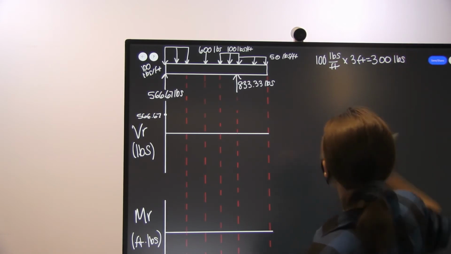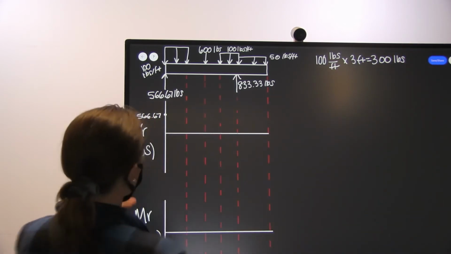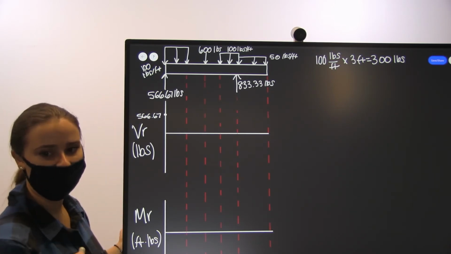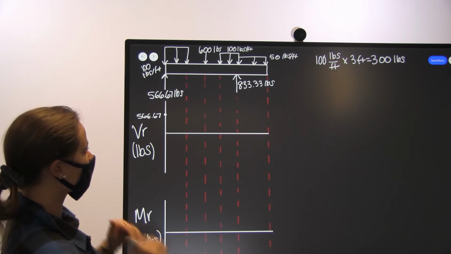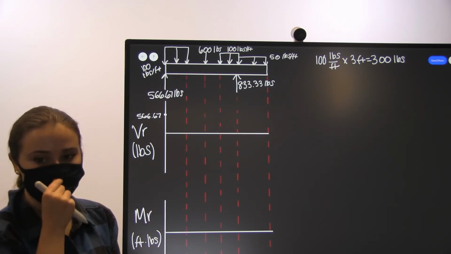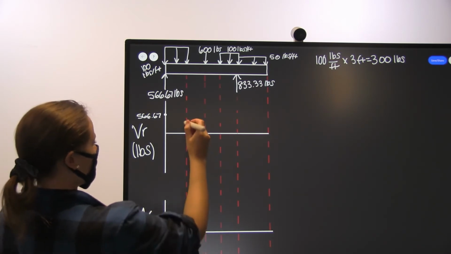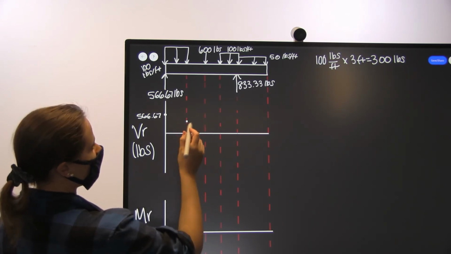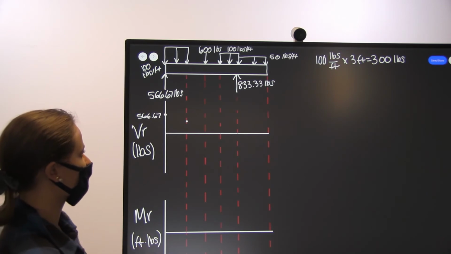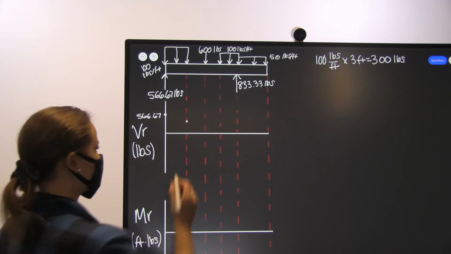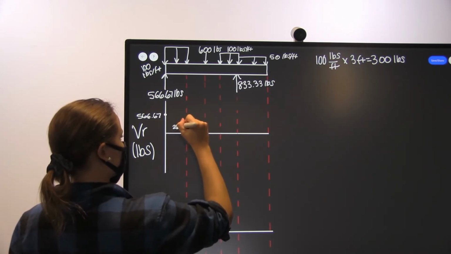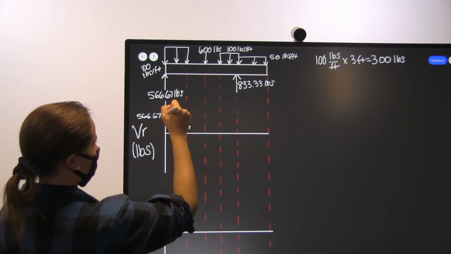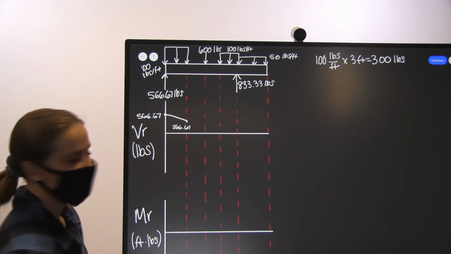And with that, we're going to subtract that from 566.67 because it's a downward force. So that downward force is going to give us a negative slope that is linear. So if we subtract 300 from 566.67, it brings us to 266.67 pounds. And that's going to be connected with a straight line like that.